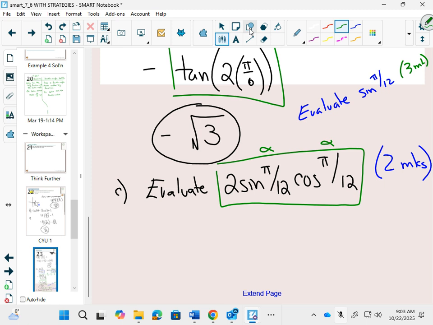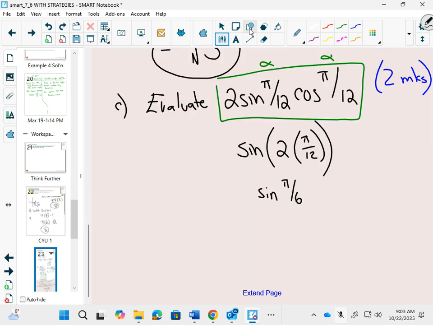So you can take this whole thing and change it to sine of 2 alpha, which changes this to sine of pi over 6, and you get a half way easier than doing 2 pi over 12 questions and multiplying them together.